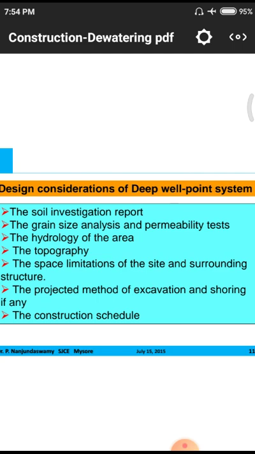If it is summer or winter, definitely it will give clearance for work. So we have to observe the construction schedule: on which dates we will go for the foundation, and on which dates we will go for the top structure construction. Likewise we have to observe.